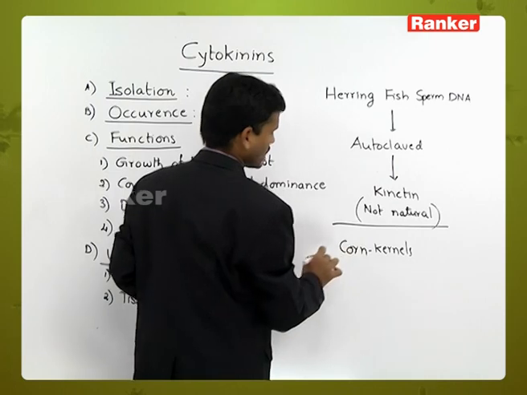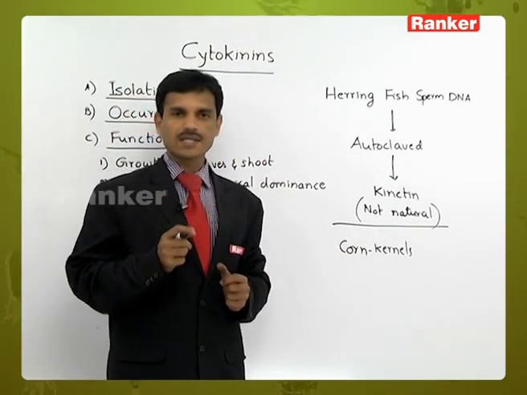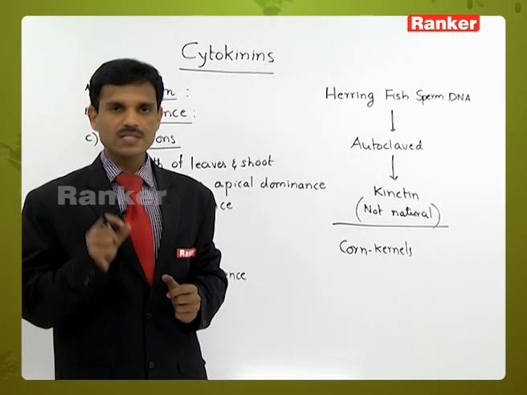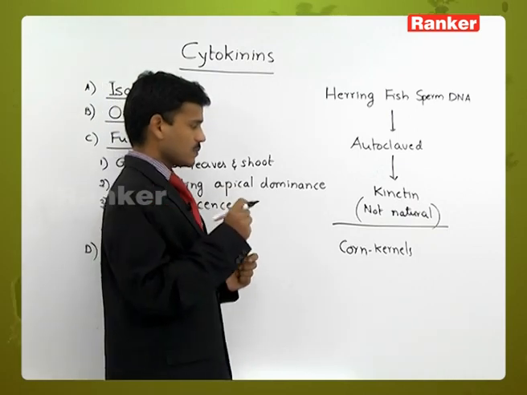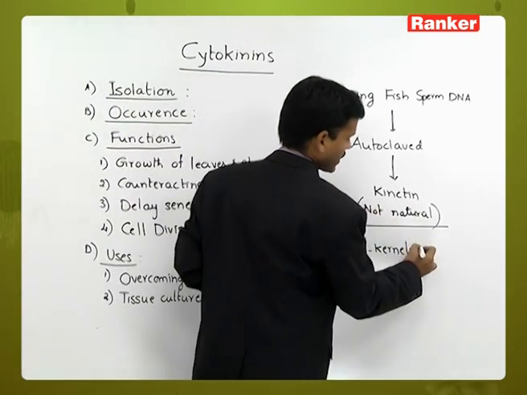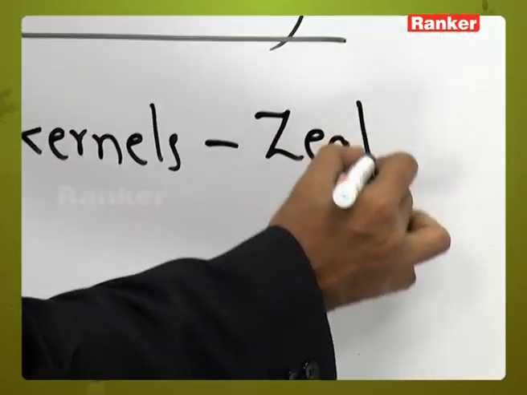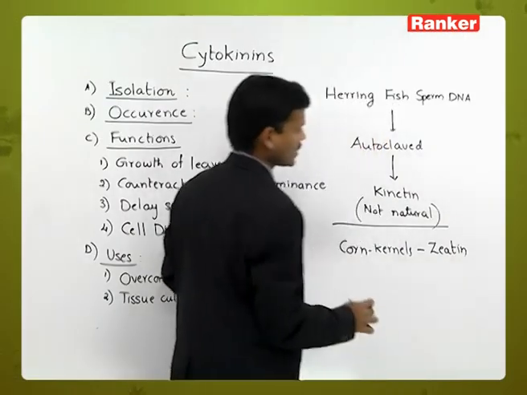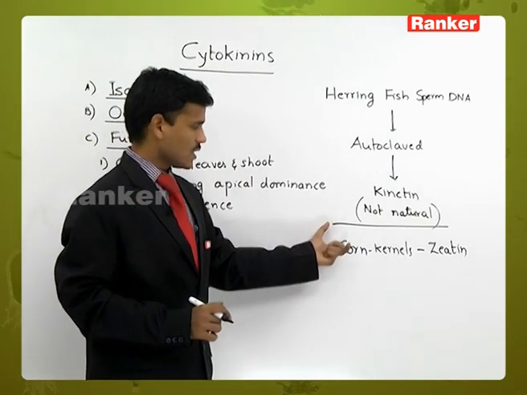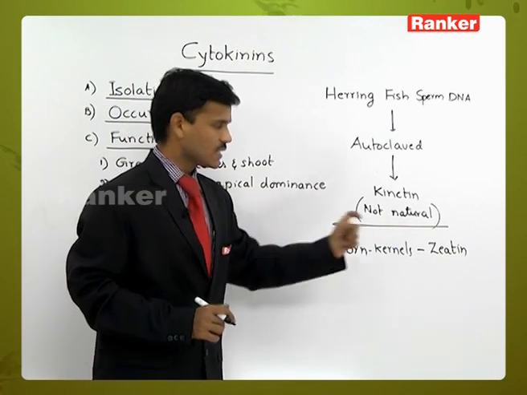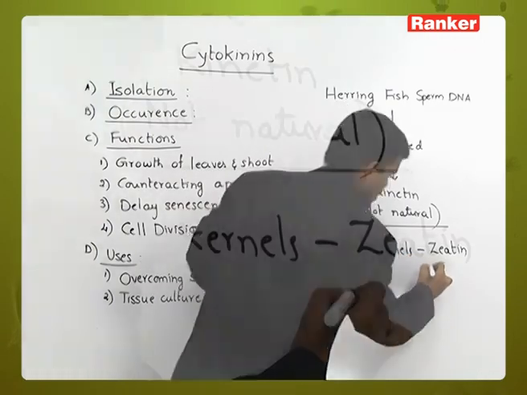From corn seeds, the maize plant seeds in the milky stage, some cytokinins are extracted, and these are named zeatin. Corn's scientific name is Zea mays. From these corn kernels, zeatin is extracted. It is also one cytokinin, and it is natural.